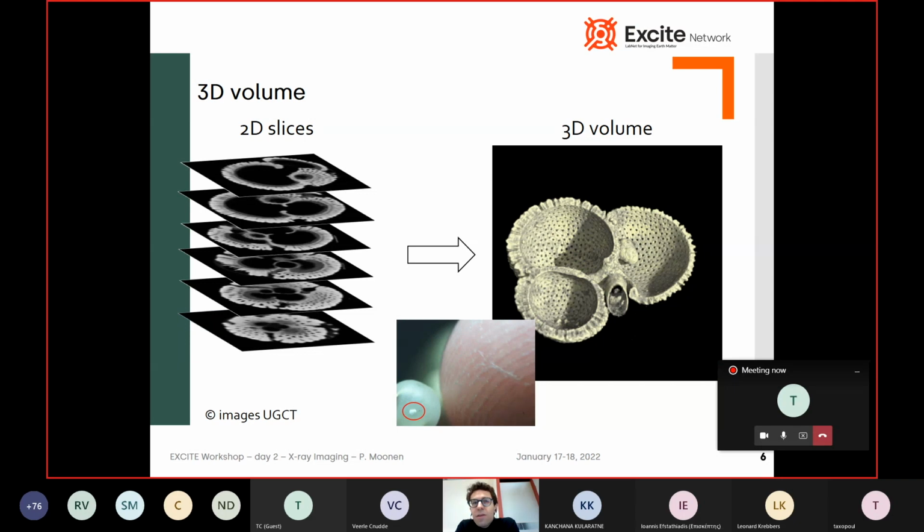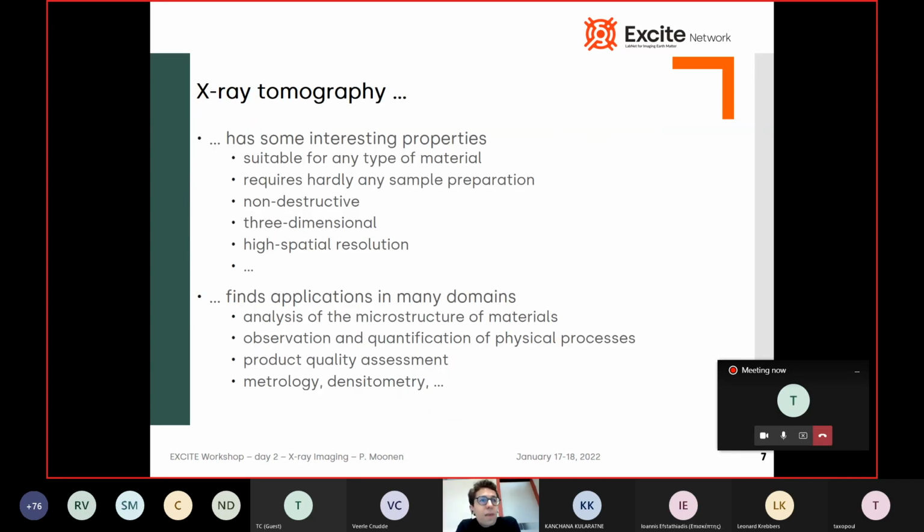That tiny white dot is the object we're looking at here. That means that with X-ray microscopy, you can actually obtain 3-dimensional information at a sub-micron level of resolution, and that in a non-destructive fashion. And obviously, those are properties that are very interesting.